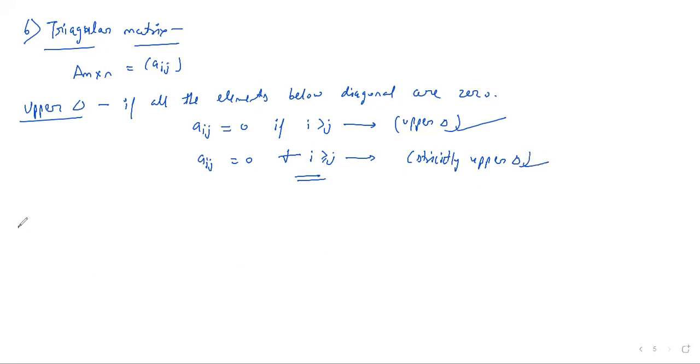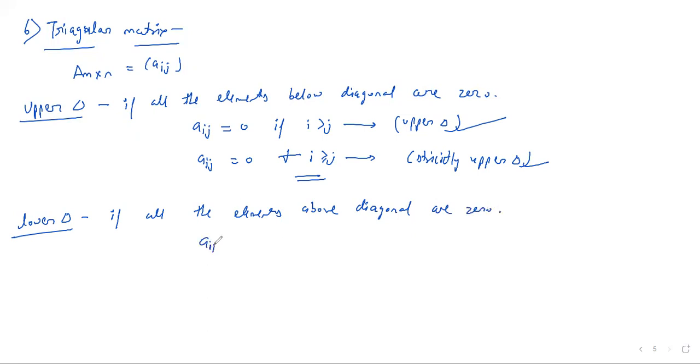And similarly, if we look at the lower triangular matrix, the lower triangular matrix is one where all the elements above the diagonal are 0.